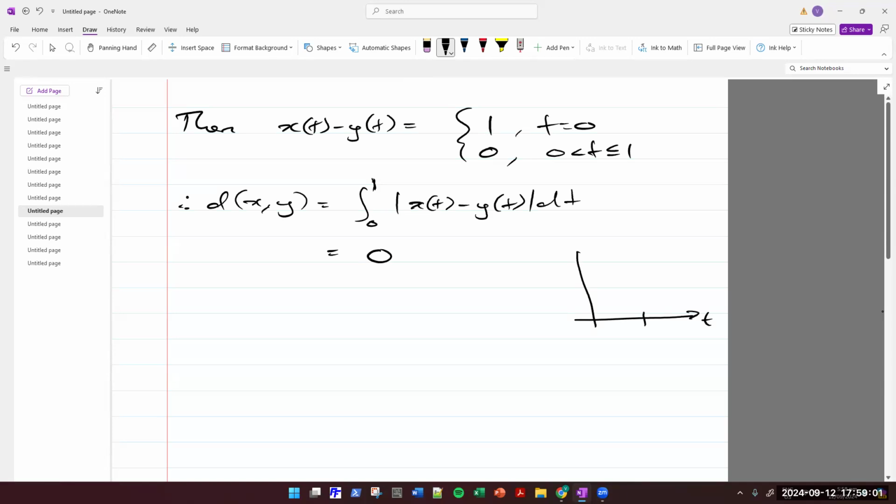So let's say here's 1, here's 0, and here's 2, and here's, let's just say here's 1. So let's say this is your function, and at the value of 1, it jumps to 1.